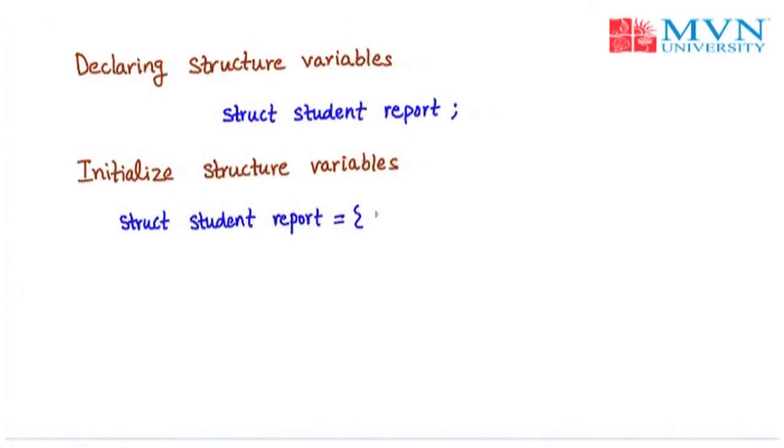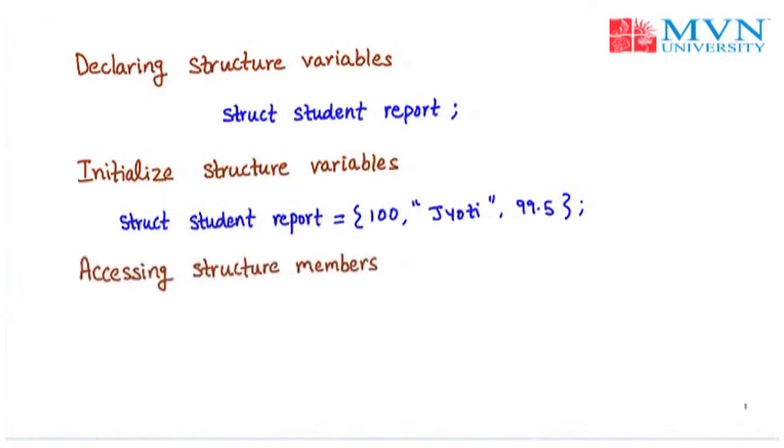First was the mark, and I am giving here the value 100, comma, then the second variable was the name, which I specify here in double quotes, Jyoti, which is of char type, then comma, the third variable was the average, which is of float type, so I am giving here the value 99.5. Close the braces, semicolon. So this is how we can initialize the structure variables. In the curly braces we have to give the values of all the variables that are declared in the structure.